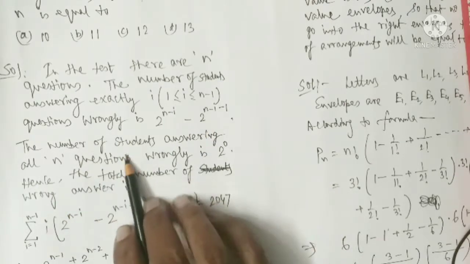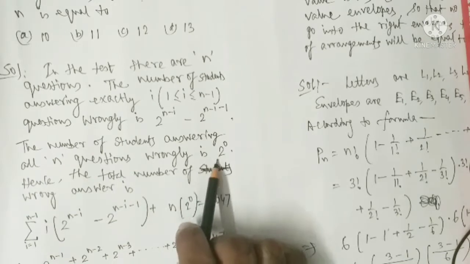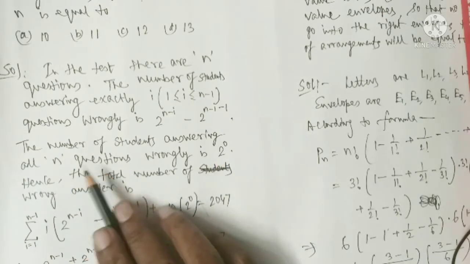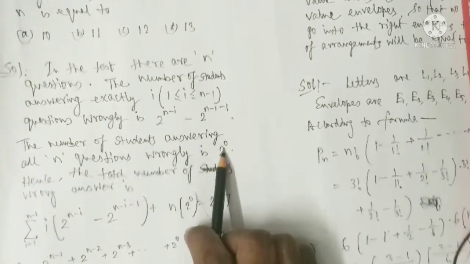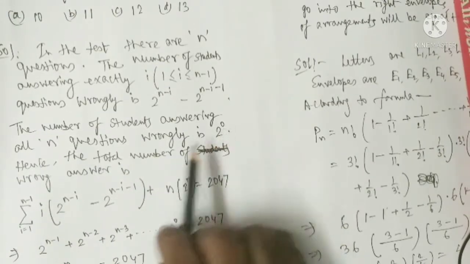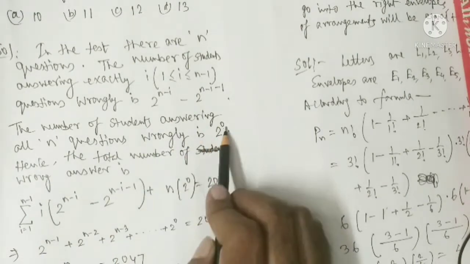The number of students answering all n questions wrongly is 2 to the power 0, because no question is correct. Hence the number of correct answers is 0, that is 2 to the power 0.